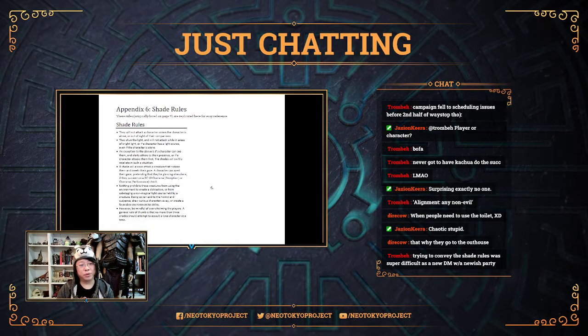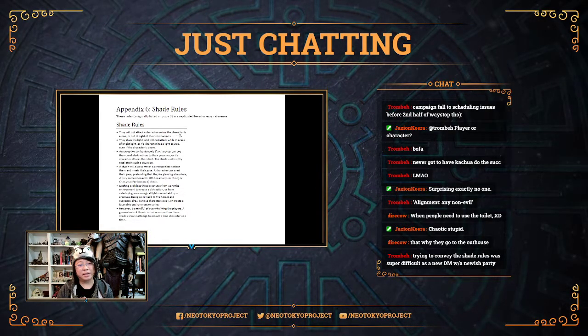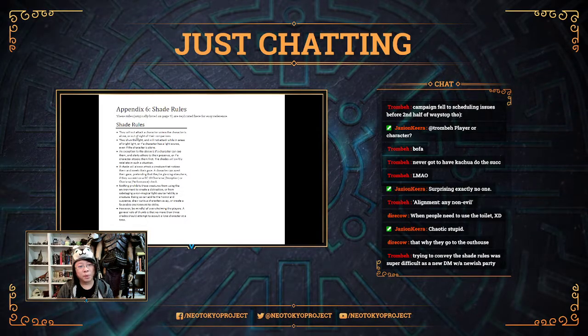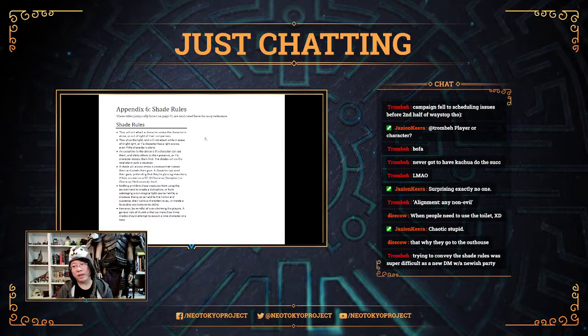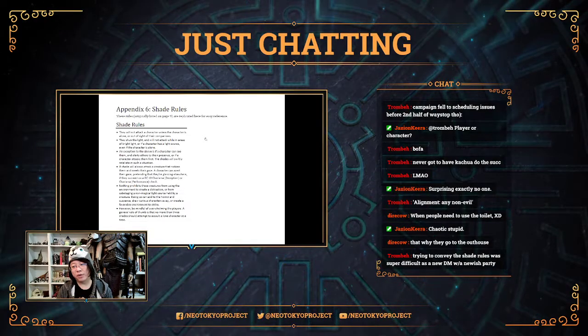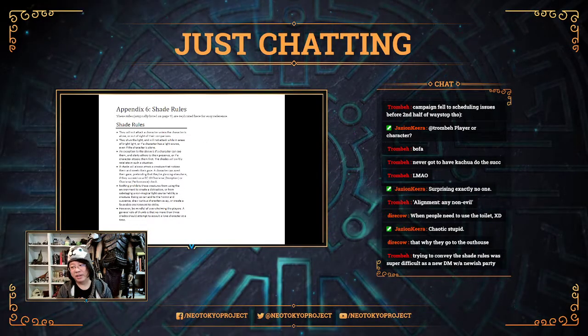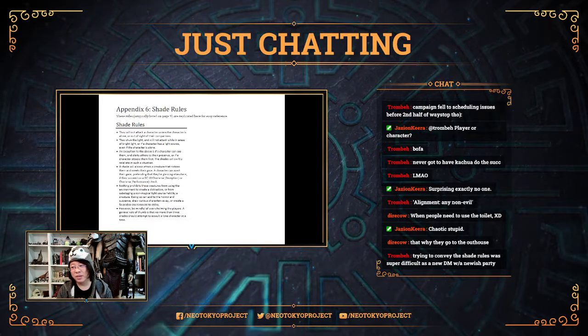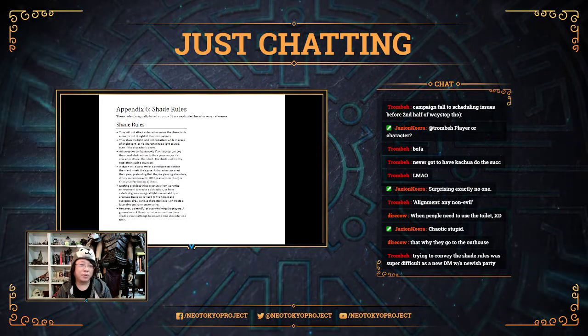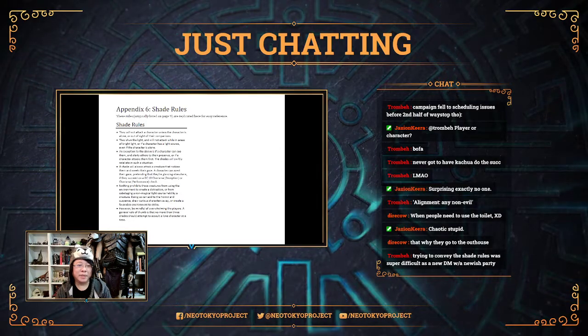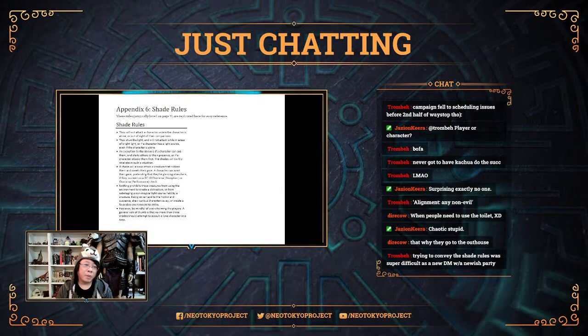So the first rule here says they will not attack a character unless the character is alone or out of sight of their companions. So this way, only characters that have gone off on their own to do whatever it is that they do in horror movies, or when they're going out of their way to look for trouble, that's when the Shades attack.